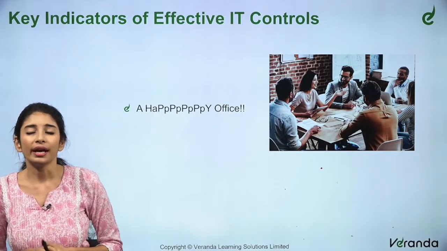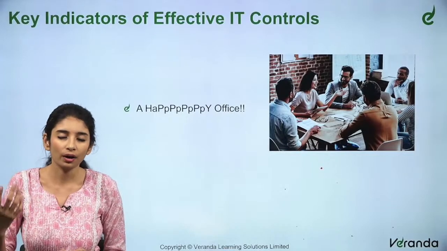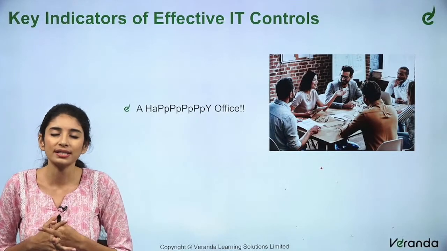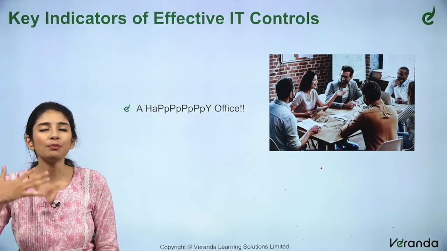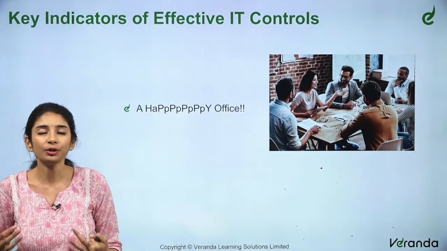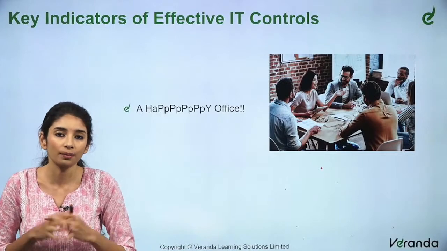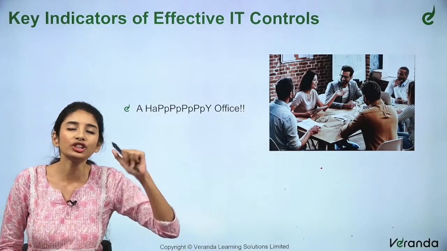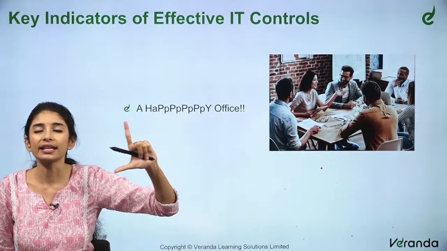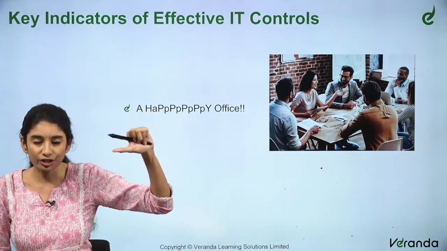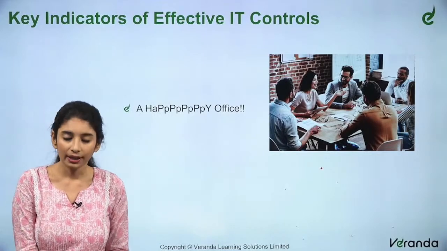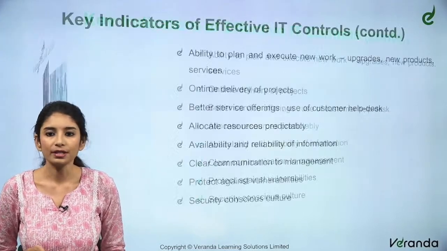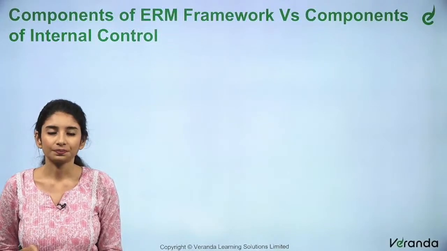Cost is reduced. Information is transparent, information flow is there. I can communicate to the management. Information is reliable. After I communicate to the management, the two caution points are protection against vulnerabilities and security conscious culture. Clear, guys? Awesome. Let's move on to the next question.